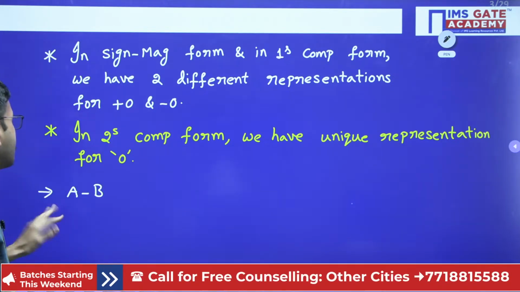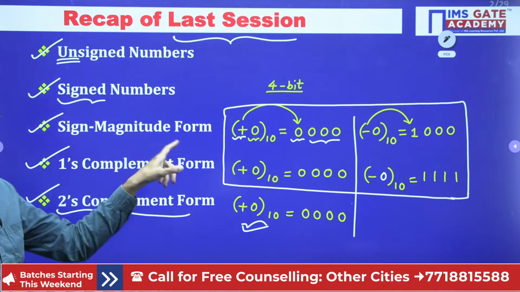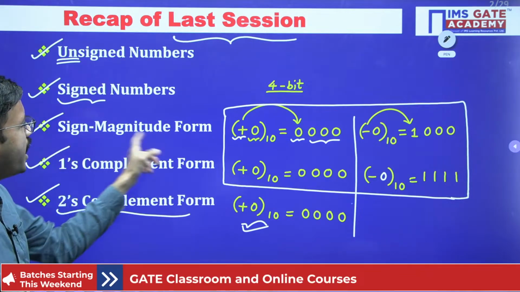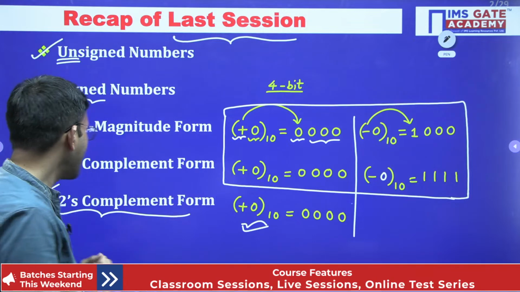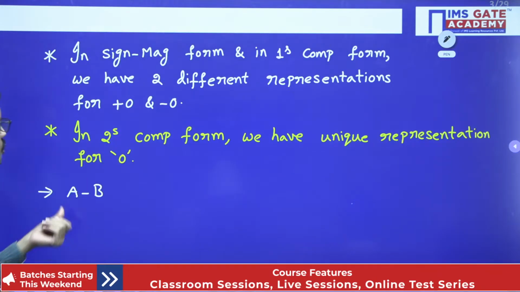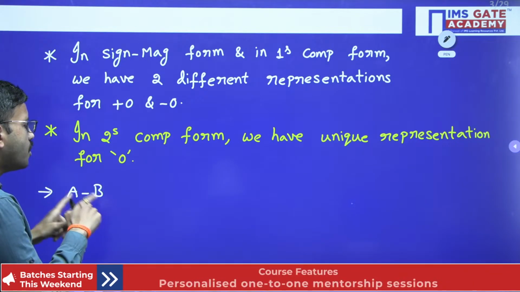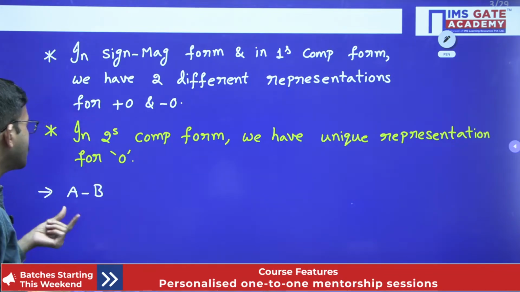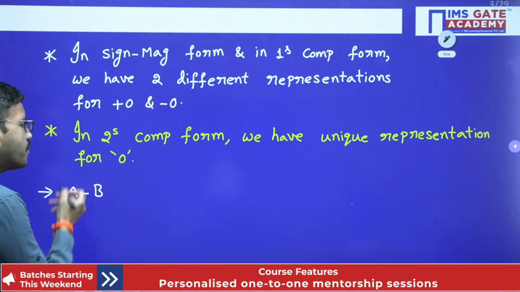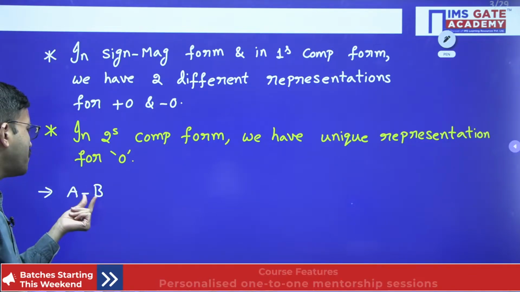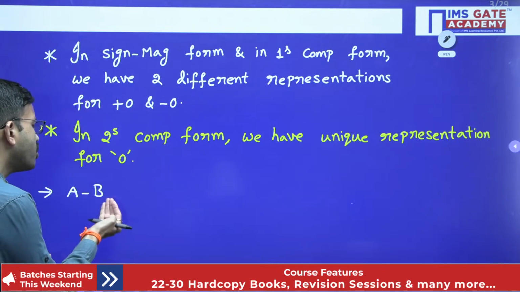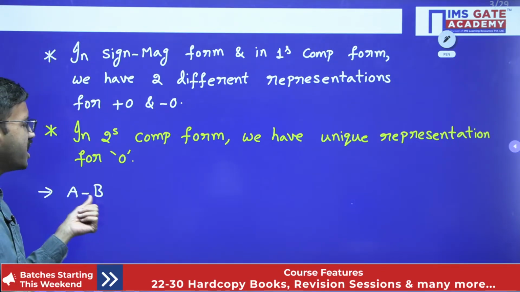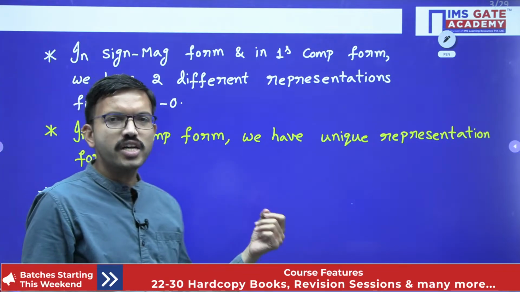If you are using sign magnitude form, what is the first step you will do? You will cross-check which of the two numbers is greater. If a is greater than or equal to b, you can perform direct subtraction. If b is greater than a, you cannot perform direct subtraction. You have to take minus as common so that you get b minus a, and then you can perform the subtraction.